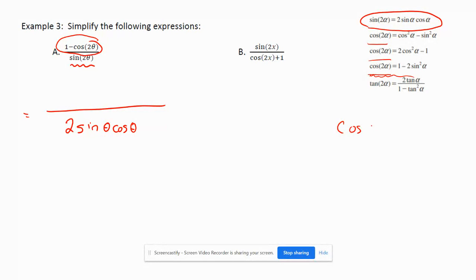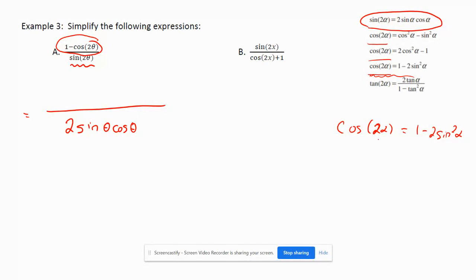If I have cosine 2 alpha, that's the same thing as 1 minus 2 sine squared alpha. I want to make this look like 1 minus cos 2a over here. The way I'm going to do that: I have 1 over here and cos 2 theta over here.